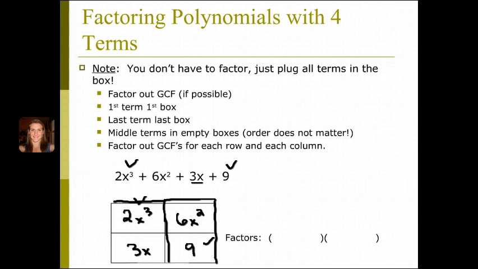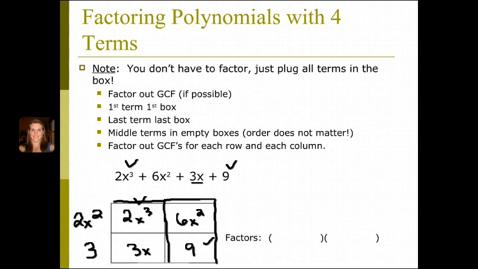So our first row, we have a 2x squared in common because the first box has an x cubed, second has an x squared, so they have at least 2 x's, so we have to factor that out. Our second row has a 3 in common.